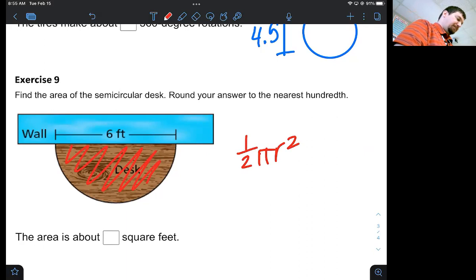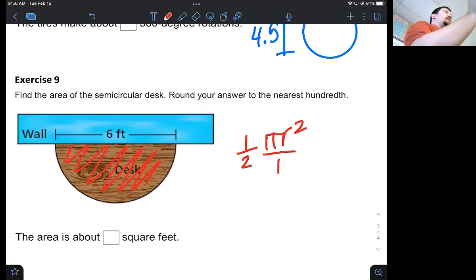By the way, not that you really need to know this, but it's kind of why this works out. When you times by a half, the 1 that's on top of the fraction, because couldn't I say that pi r squared is the same as pi r squared divided by 1?